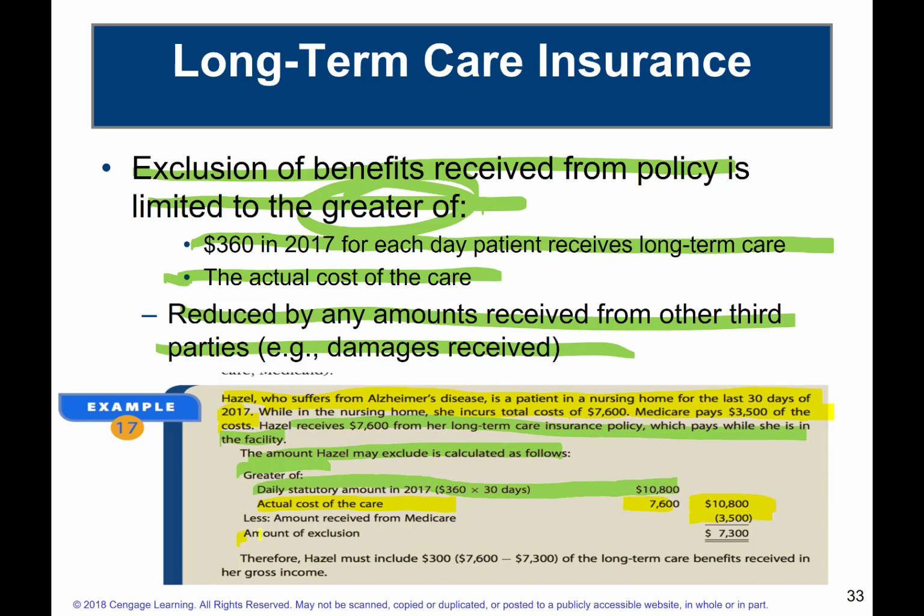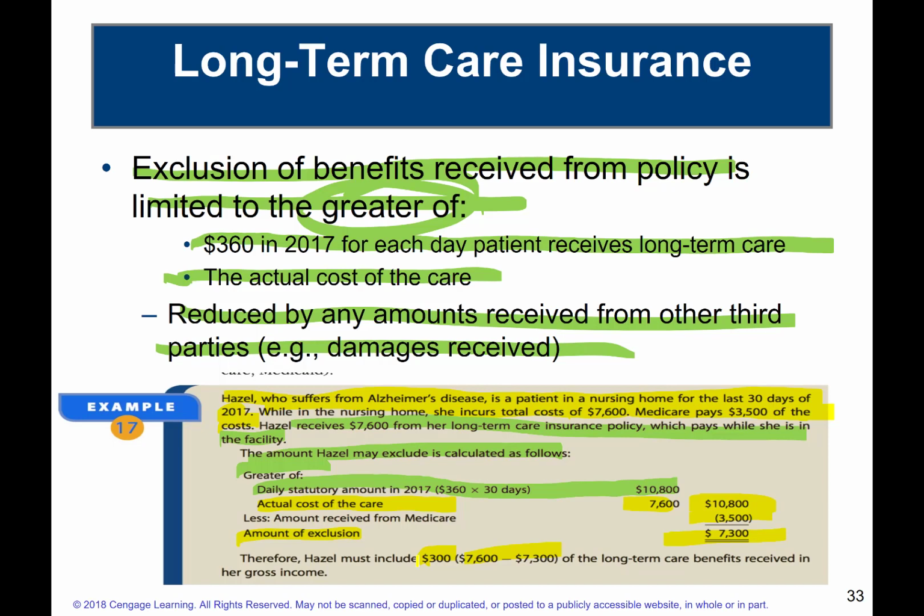So the amount of the exclusion is what? $7,300. And because she received $7,600, she's got to pay tax on that difference. So you can't go around making money because you got reimbursed for being in a nursing home, right? And so they make her pay, and she's got to pay the tax on that. It's not a tax-free consequence.